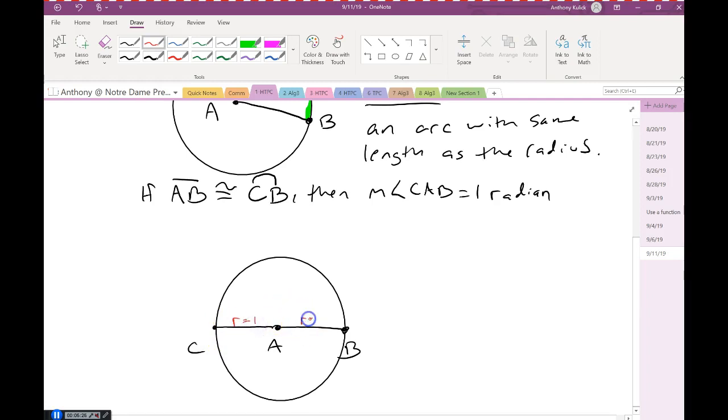That is, the radius of this circle is 1. Everybody okay so far? In degrees, what does this angle CAB measure? 180 degrees.